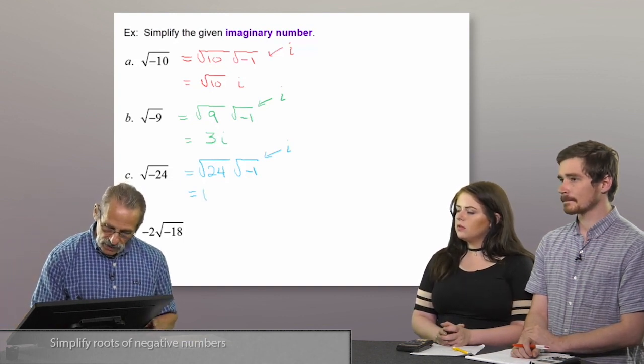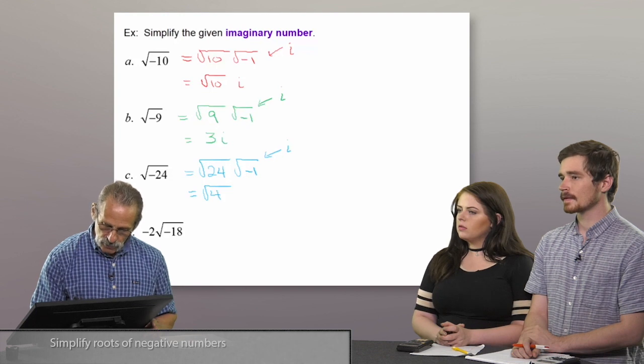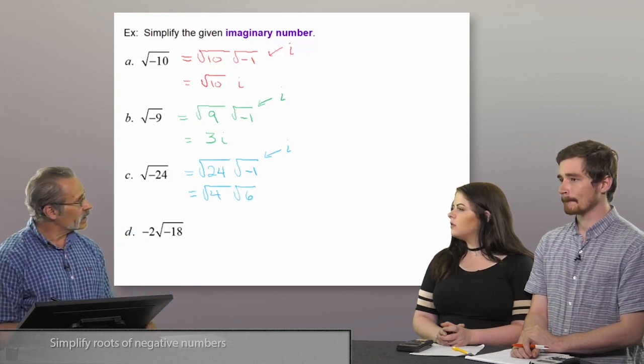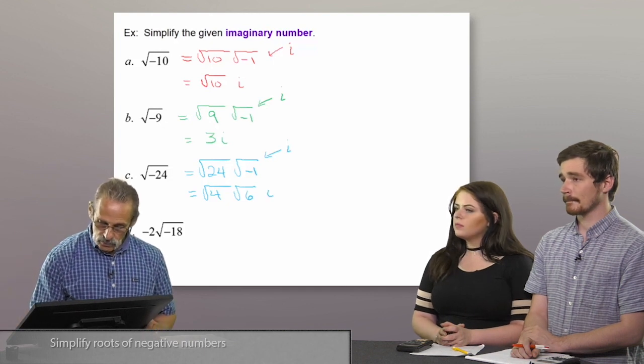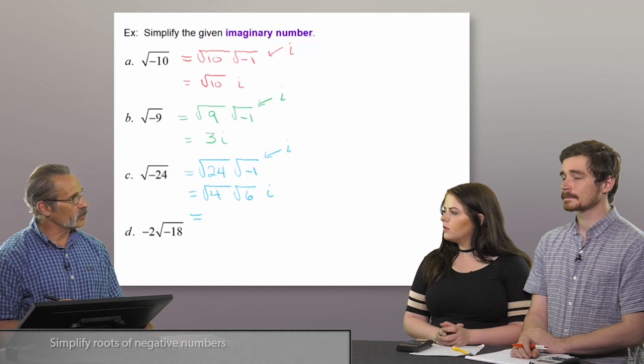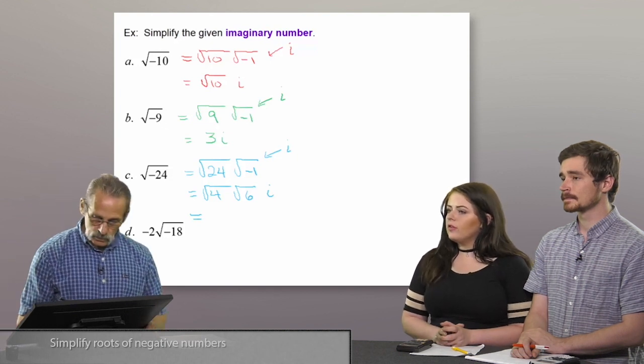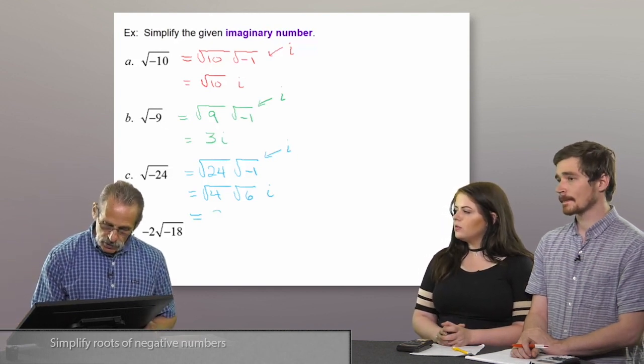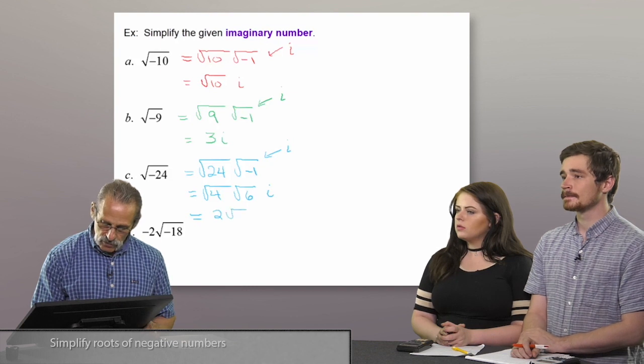So let's rewrite the square root of 24 as the square root of 4 times the square root of 6. And then the square root of negative 1 is i. Any further simplification? The square root of 4 is 2. So now I have 2 times the square root of 6, times i.